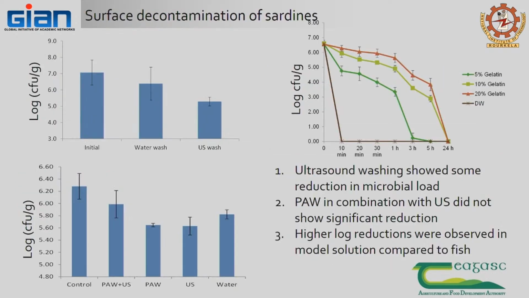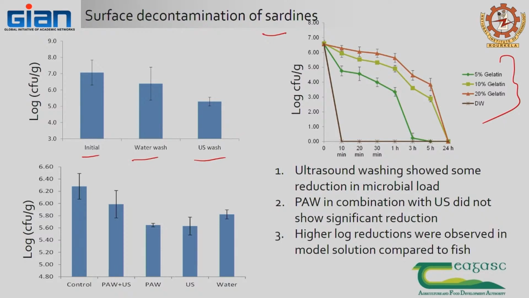Now, surface decontamination. In this particular one, this was a model food solution of sardines, because this sardine was to be used to make blind side sardines. Initial water wash, ultrasonic wash. Ultrasound did not inactivate, but it does a washing effect.